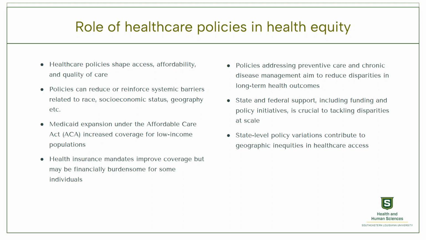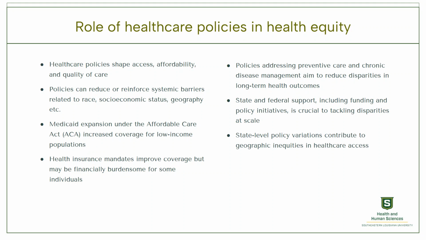States with more generous benefits were able to address inequities or disparities better than states with fewer benefits. That introduced geographical inequities to health access. It became dependent on which state you live in.